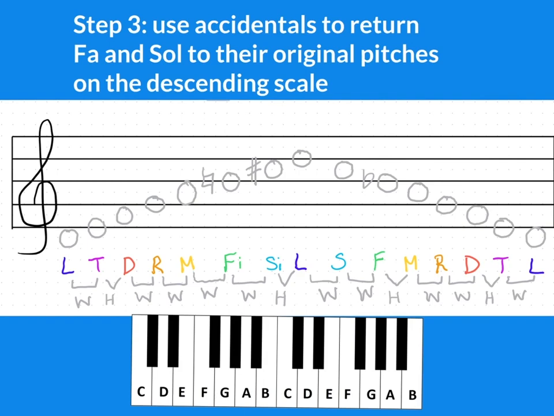It's not still C sharp. So we're going to add in that natural to complete our melodic minor scale. And so now we have the full thing, and our pattern is whole, half, whole, whole, whole, whole, half on the way up, and then whole, whole, half, whole, whole, half, whole on the way down.